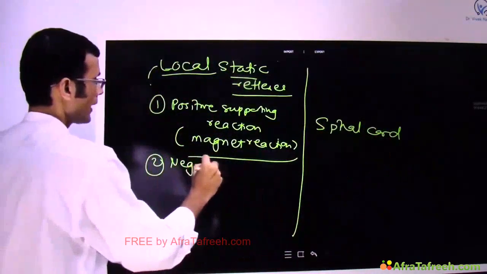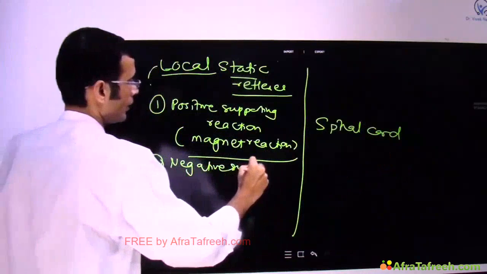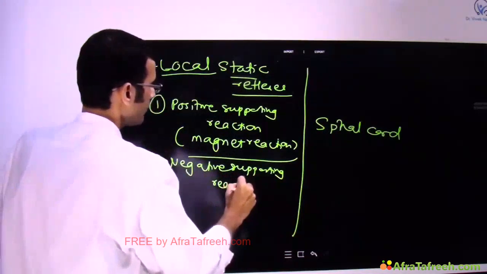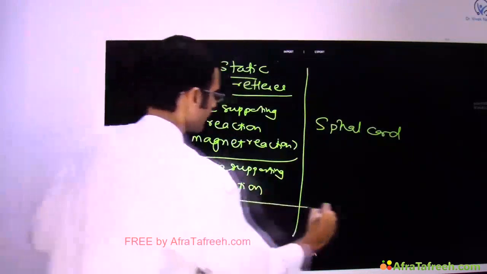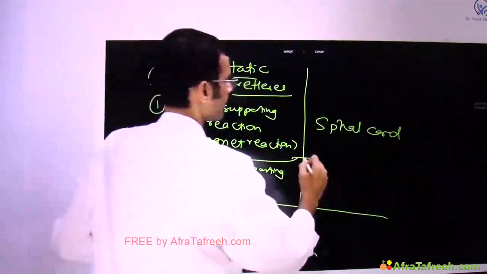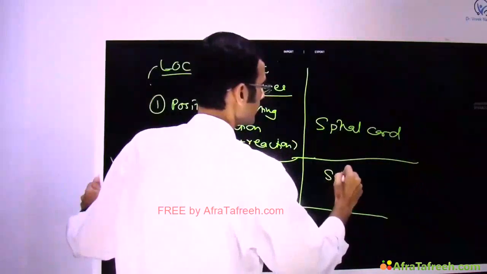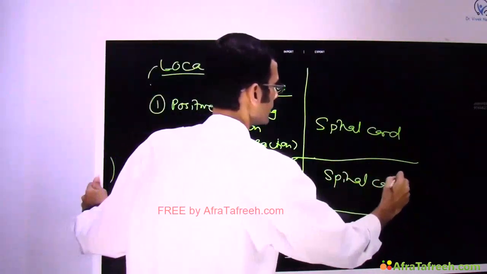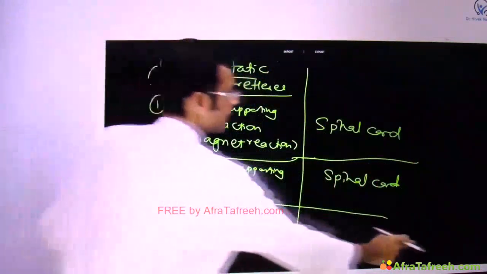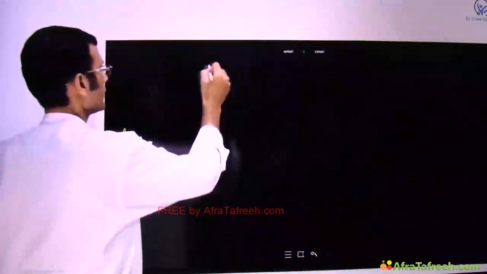Negative supporting reaction. Sometimes release from the positive supporting reaction is also a postural reflex. This is also seen in the spinal animal. The center is in the spinal cord. Now, segmental static reflexes.